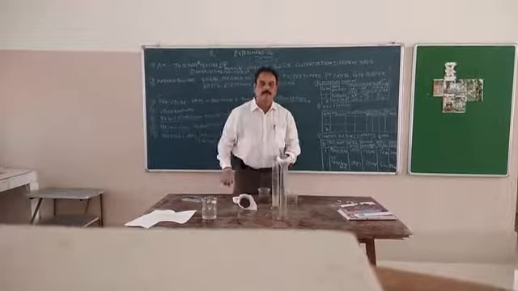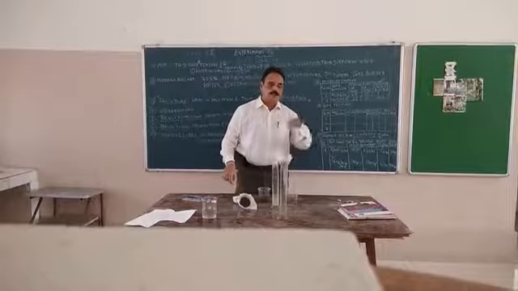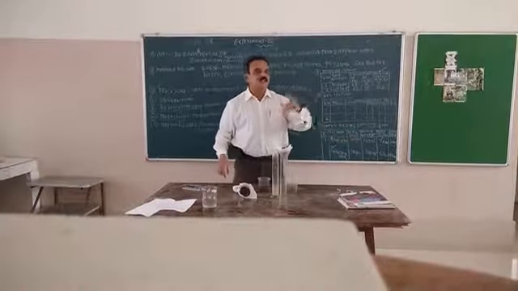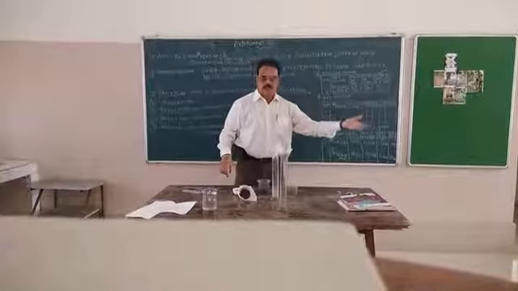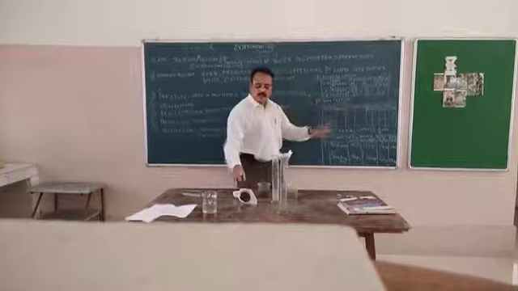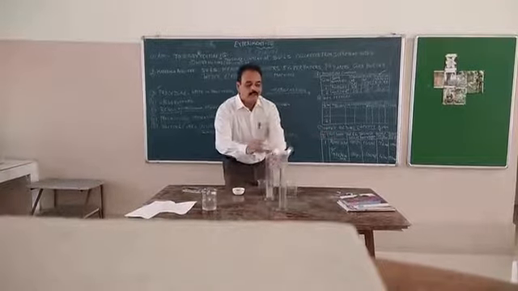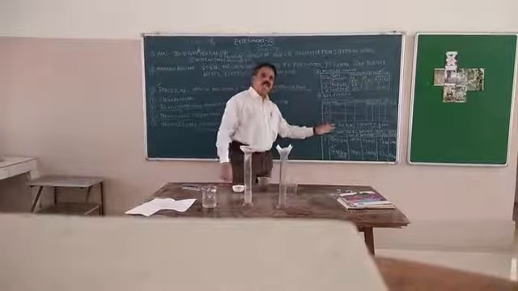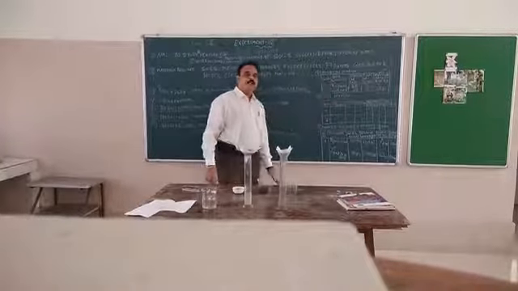Just dip the litmus. Once you dip that, blue litmus becomes red or red litmus becomes blue, and depending upon the change of color, we will come to know whether the soil that we are testing is acidic or alkaline.